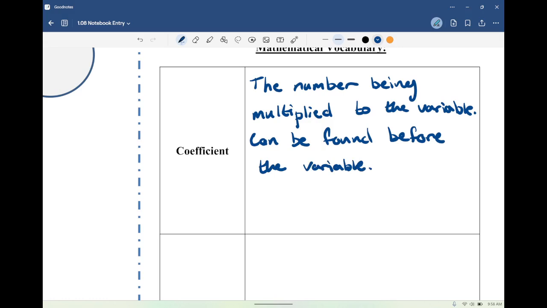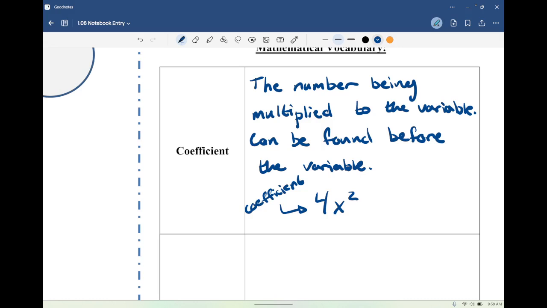Now, there are sometimes some exceptions to this when we think about fractions, but 95% of the time we will find our coefficient immediately before our variable. We already have one of these in our notes in a previous section, but I want to put this again to really drive this home. If I have something like 4x squared, my brain needs to immediately jump to the 4.